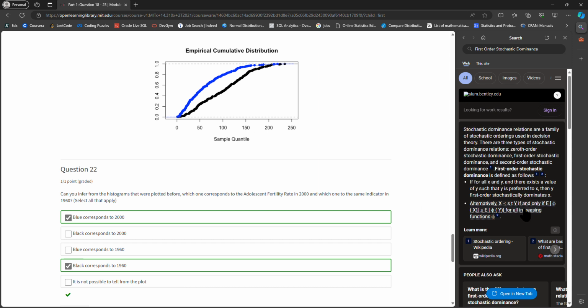Alternatively, we can say x is smaller than y if the average of x is always less than y.